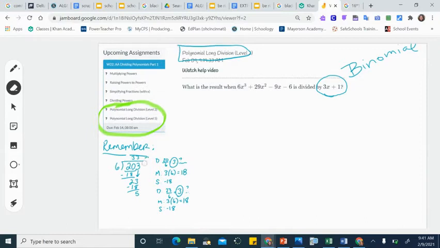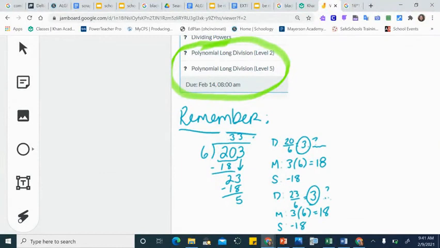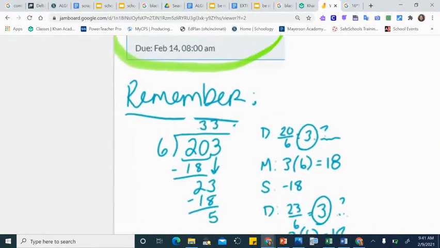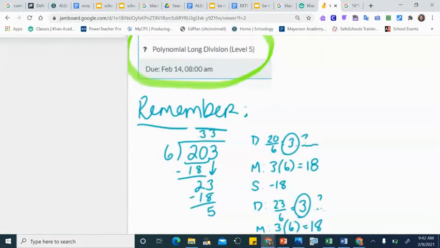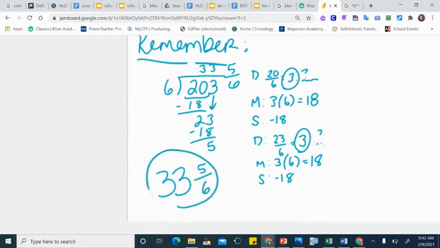But at some point, we quit doing that and started writing it as a fraction, or we went into decimals. For now, we're not going to worry about that. So what we could do is put this remainder on top and then put it over the 6, so that our answer is 33 and 5/6.